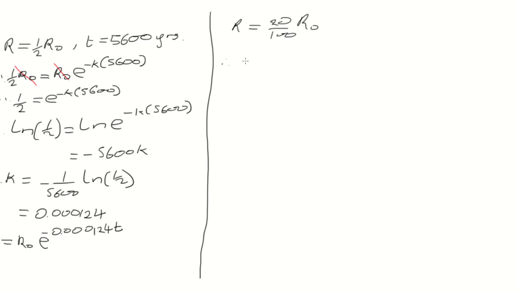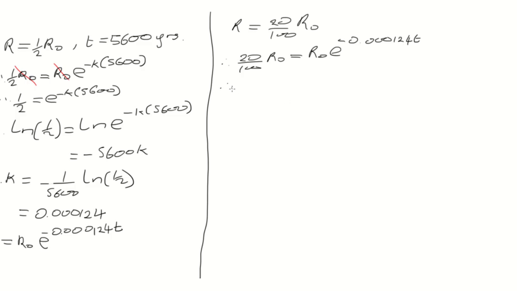So we have 20 over 100 R naught is equal to R naught e raised to the right hand side of R, with the value of K now, so this is minus 0.000124 T. Again, R naught and R naught can cancel.